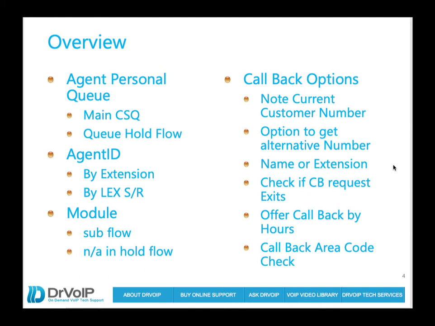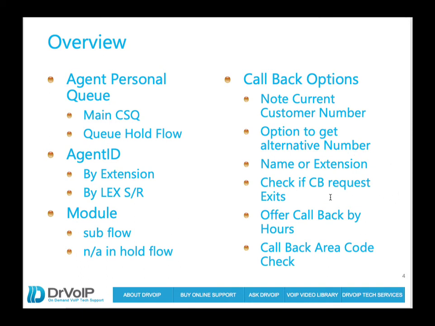We also need to address the fact that sometimes if they leave a number that is the main number at the company that you're calling back, you may in fact get an IVR or a human receptionist, in which case you need to be able to tell that person who left the callback request. And so we can either prompt the caller for a name or an extension number and then make that available to the person who answers the callback.